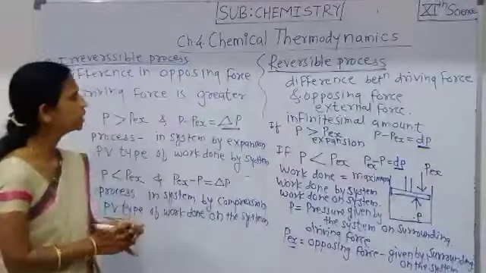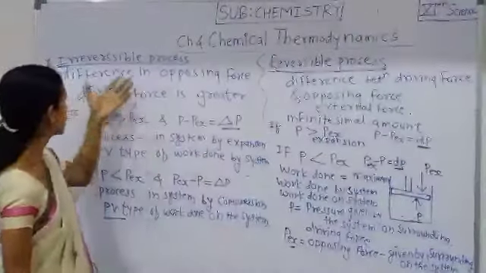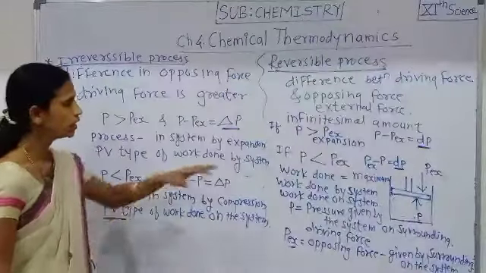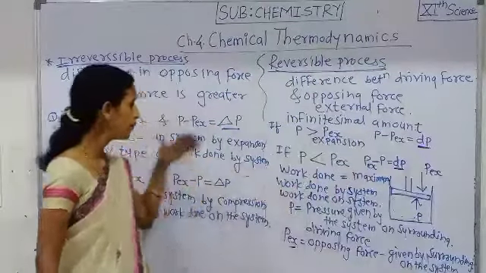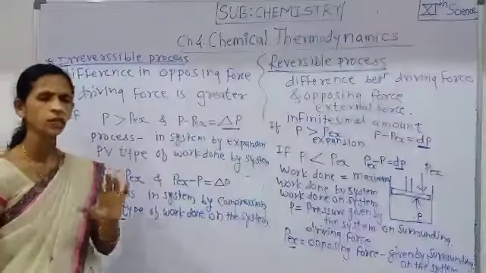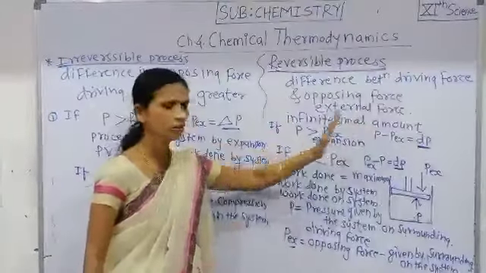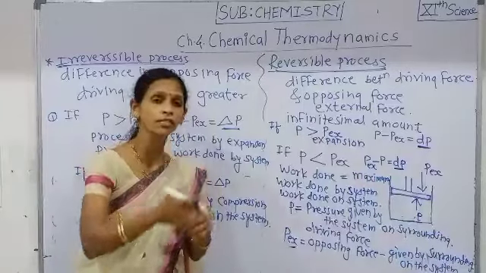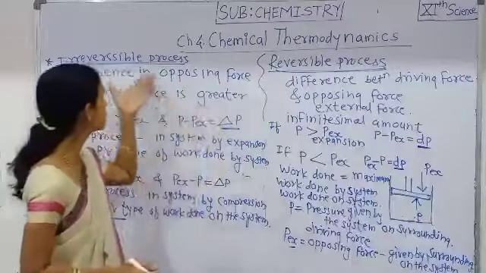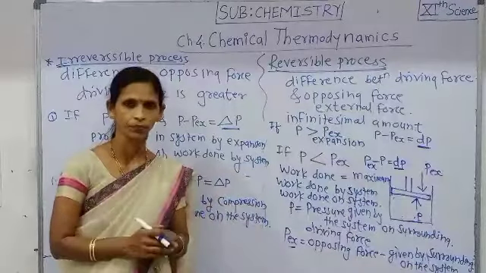That means here that is the difference in the reversible process and irreversible process. Here the reversible process takes place very, very slowly, but the irreversible process takes place very fast, as well as the reversible process takes place in many steps, in infinite steps, and here the irreversible process takes place in only one step.